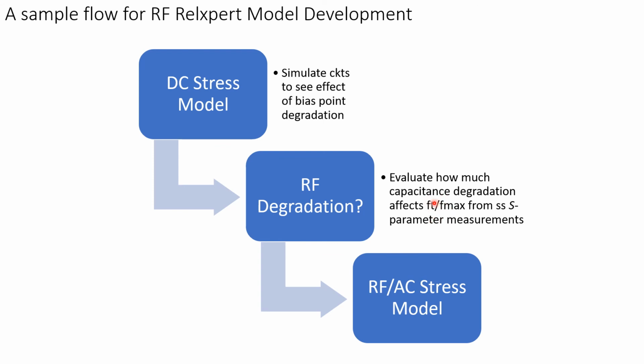If GM is degraded by the DC operating point degradation, that is the only thing that can right now be modeled from the DC stress model. However, the current DC stress models have not modeled the CGS and CGD degradation explicitly. That's why we really need data on delta CGS and delta CGD, and if you implement that additionally into the sub-circuit model or the end-of-life model, you will get an end-of-life model which also models the true RF degradation.